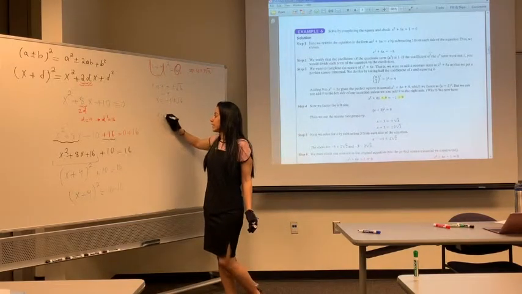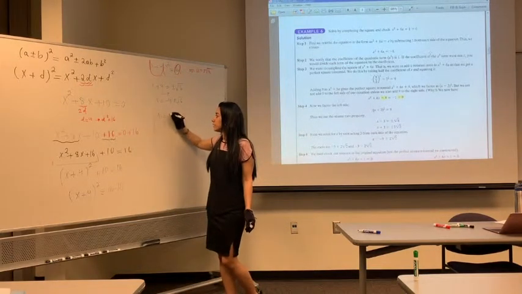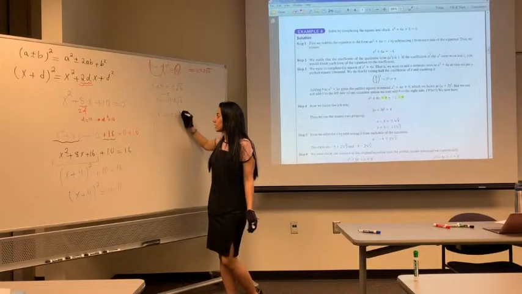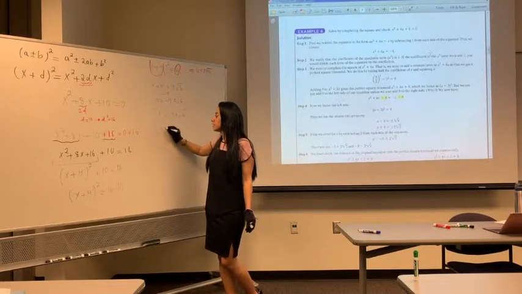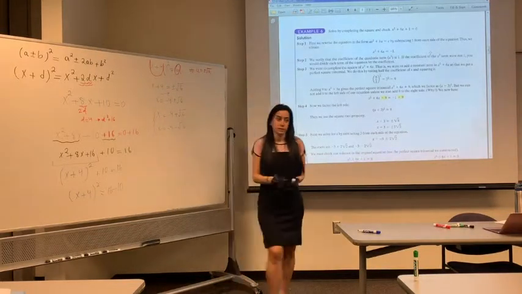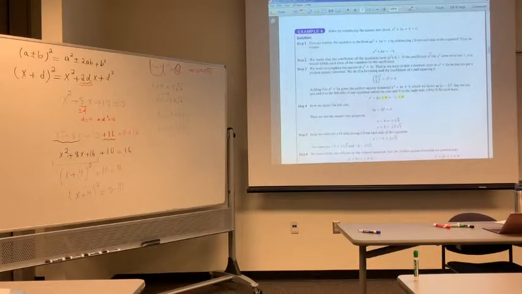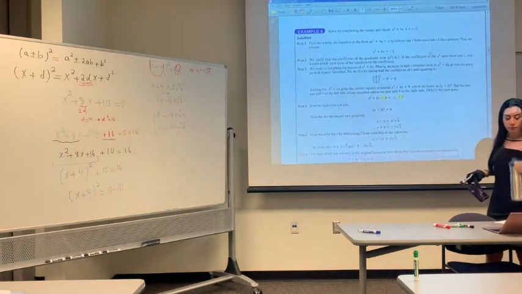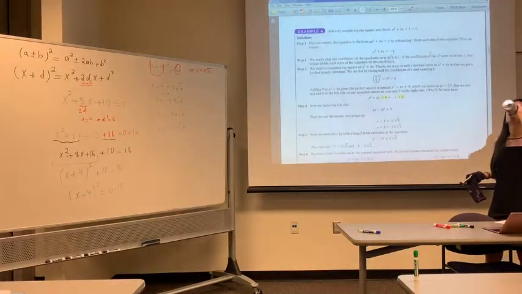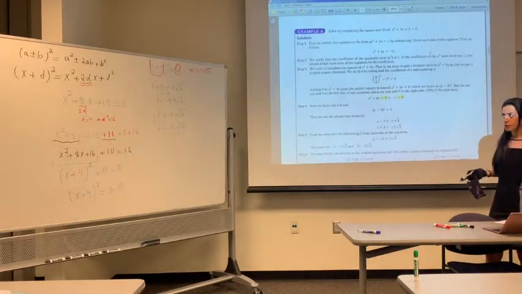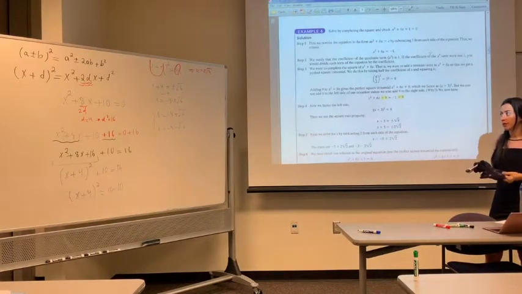Then one time x can be negative 4 plus radical 6, another time negative 4 minus radical 6. So those would be our answers.